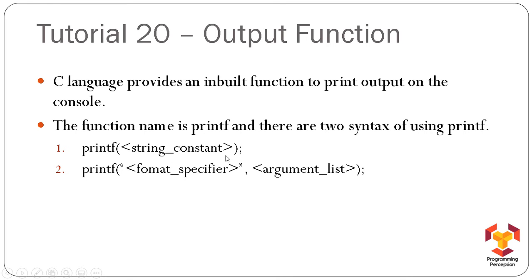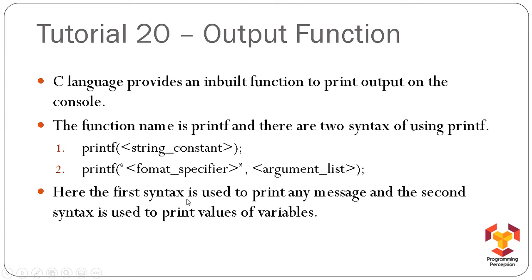But a string constant has already been discussed in one of our previous tutorials, and you know that a collection of characters enclosed in double quotes is nothing but a string constant. So the first syntax is used to print any message and the second syntax is used to print values of variables.